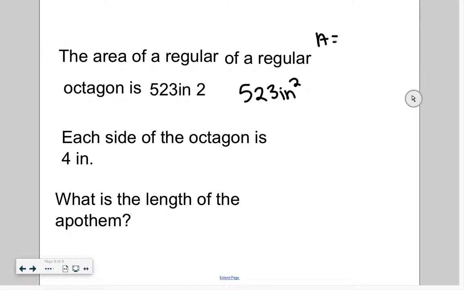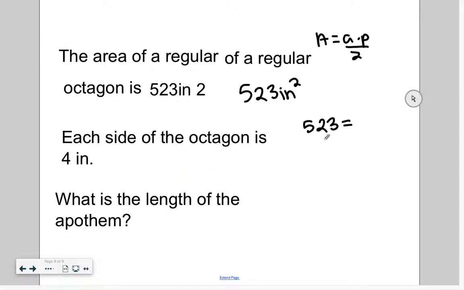So remember that the area of a regular polygon is apothem times perimeter divided by 2. So write out your formula when you're given something like this and plug in the missing parts. They've told us the area, so that's going to be here, where area should go.